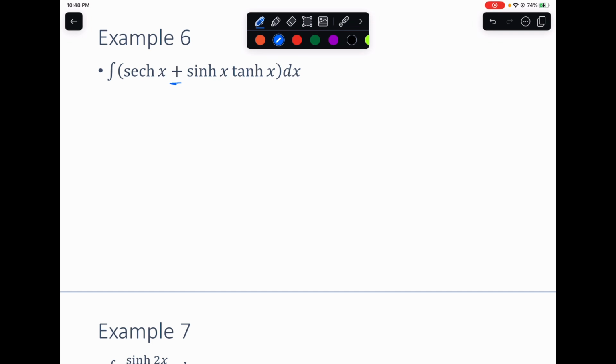So we can find the integral of hyperbolic secant x, and then plus the integral of hyperbolic sine and tangent. For the hyperbolic secant, there is a direct integral to that, but not for the product of the hyperbolic sine and the hyperbolic tangent. So in cases like this, okay, we need to simplify this first.